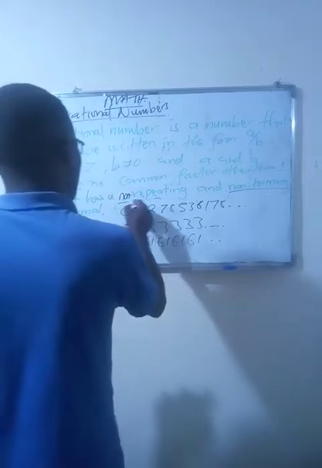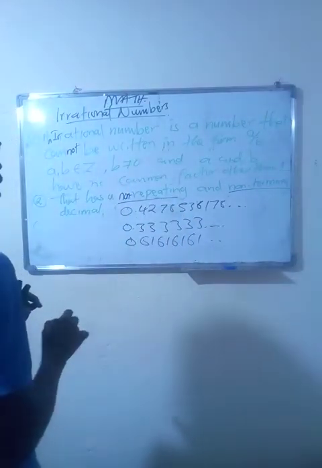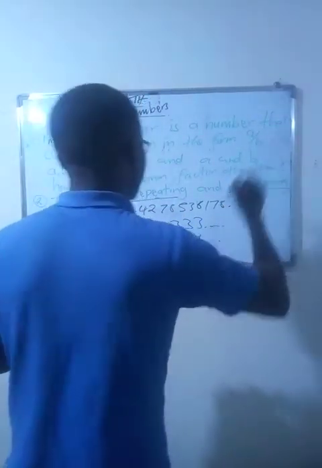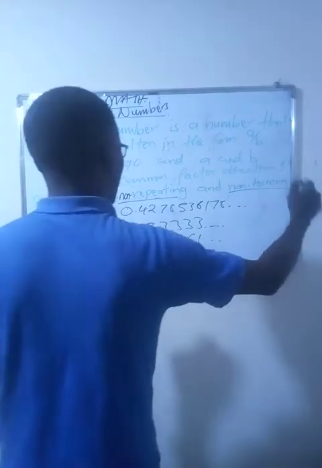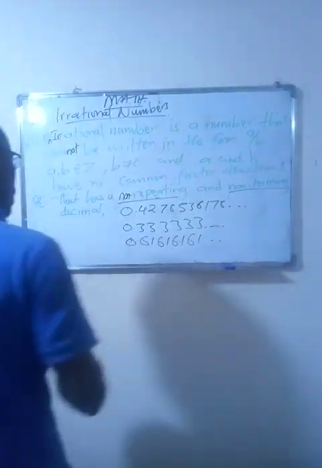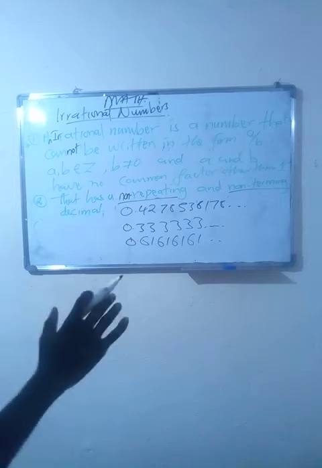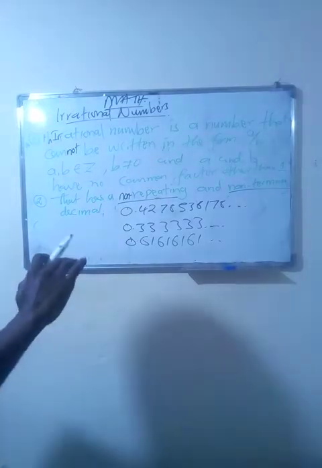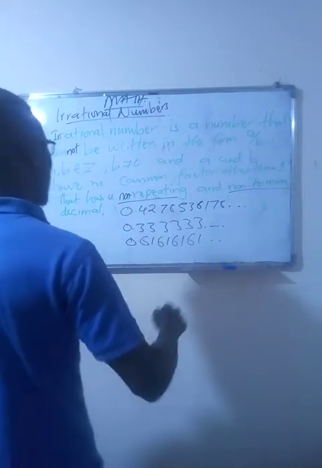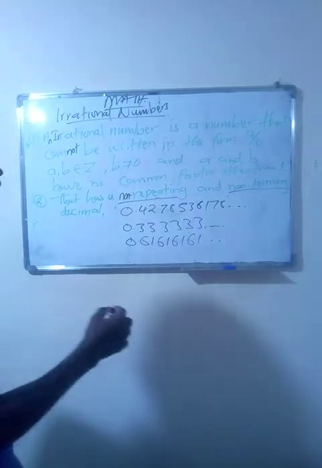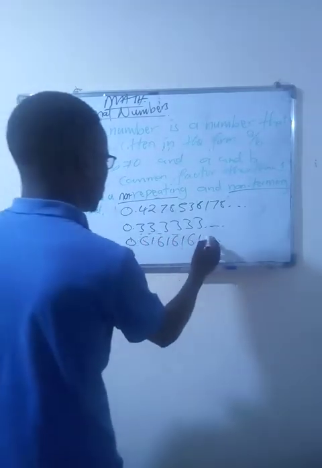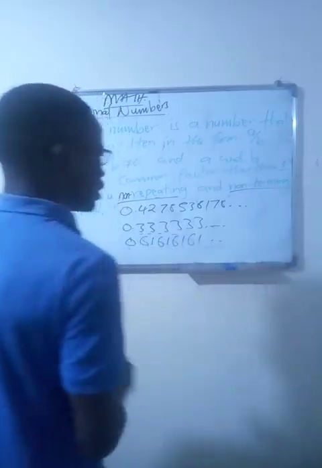So the decimal is non-repeating, and it's non-terminating. It's just coming up again and again, right? So that's what it means when you say non-repeating and non-terminating. In the case of rational numbers, we say that the number is repeating, but it's not terminating.